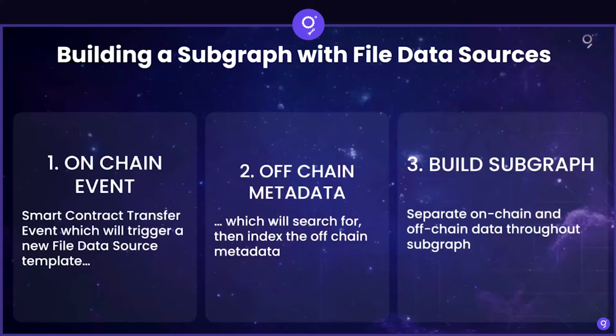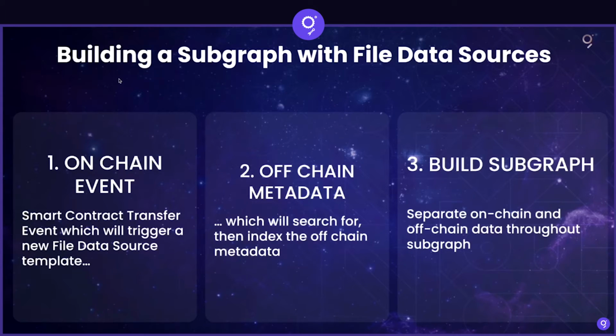So how might we build a subgraph with file data sources? There are a few things that every person should do before deciding to build one. Don't just go out there and build a subgraph with file data sources. You need to know a little bit of the architecture first. The first thing that is best to know is that there needs to be an on-chain event emitted from a smart contract that contains an ID that can trigger file data sources indexing.